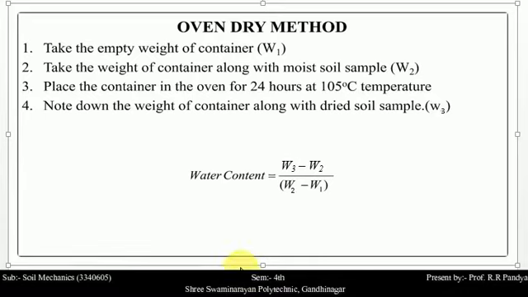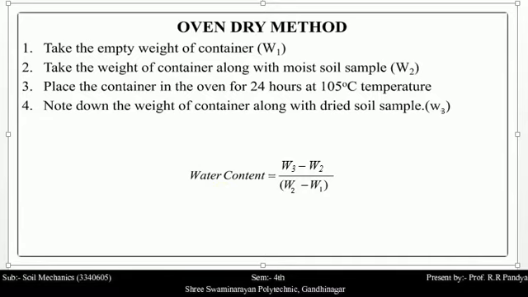From the equation, water content is W3 minus W2 upon W2 minus W1. So W3 minus W2 will give us the weight of water available in the soil, and W2 minus W1 will give us the weight of dry soil only. So we know that water content is weight of water upon weight of solids. Here it is proof.